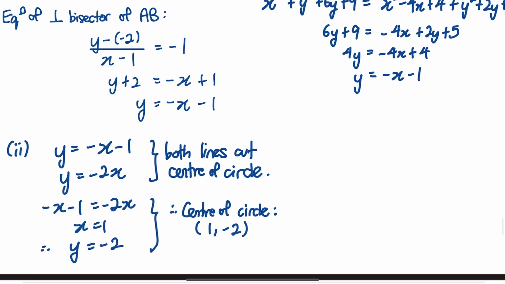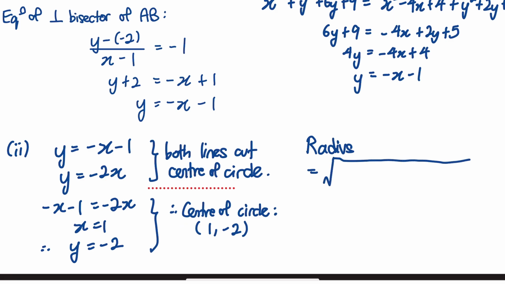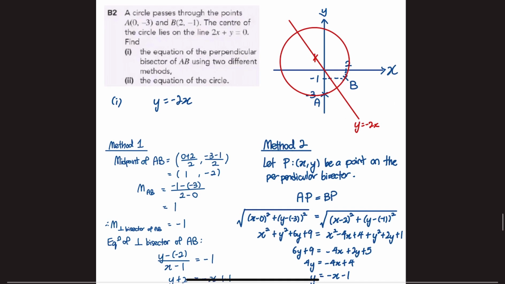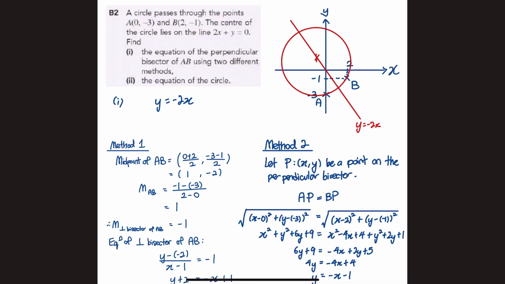Then from here, to find the radius of the circle, I use my length formula. I know the center of the circle now, so I can just choose one point that lies on the circle. Let's say I choose point A, (0, -3), that lies on the circle.